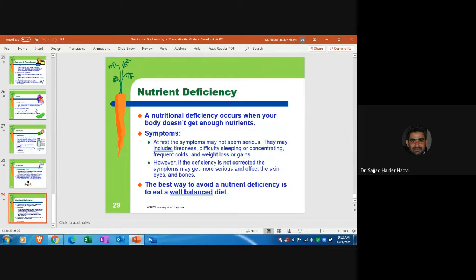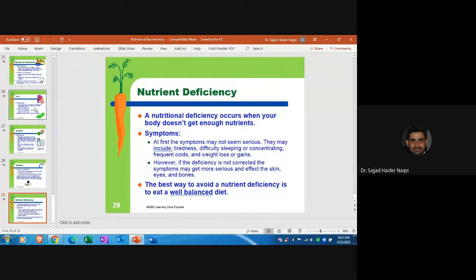Now, finally, when you talk about nutrient deficiency, we have gone through all the groups of the nutrients, and we tried to have a look at how these nutrients perform their function and what their main sources are. So we finally concluded at this point that the concept of balanced food is very important, because each and every component of this diet has its own role, and that's why the WHO has provided a value, what I called earlier RDA, recommended dietary allowance.